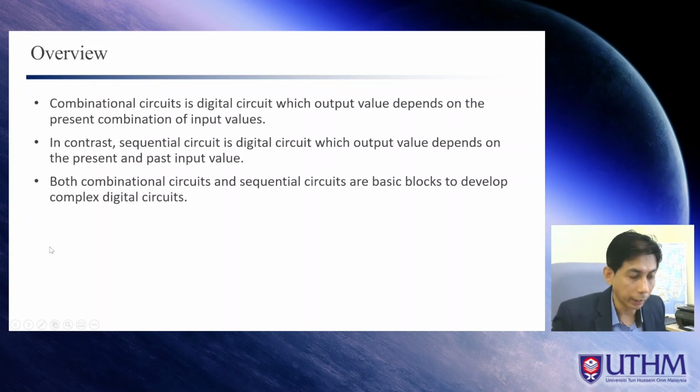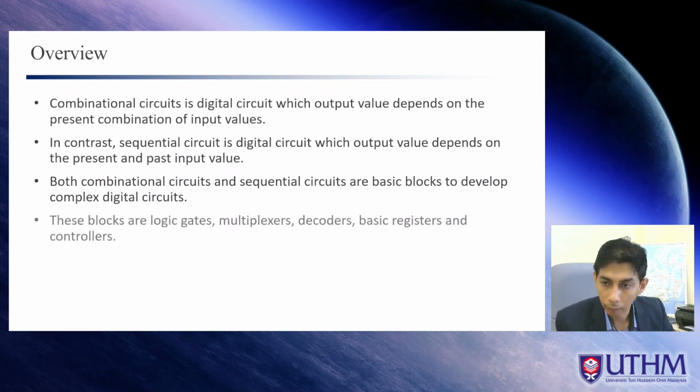For example, the circuit in the microprocessor in a computer comprises sequential and combinational circuits. Logic gates are combinational circuits. Multiplexer is a combinational circuit. Decoder is a combinational circuit. Register, basic register, is a sequential circuit, and controller is a sequential circuit.